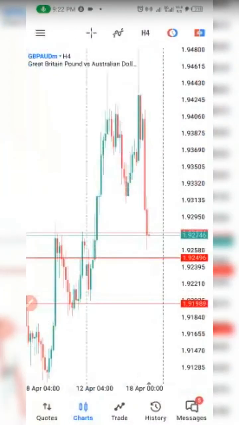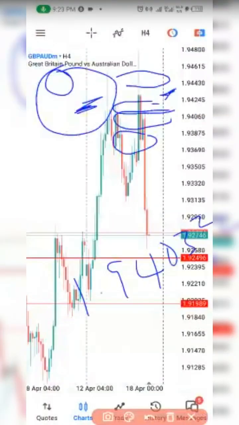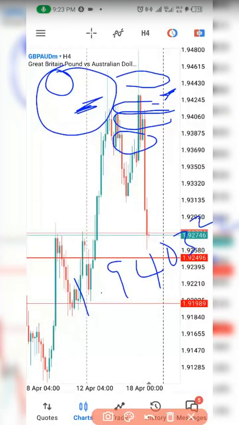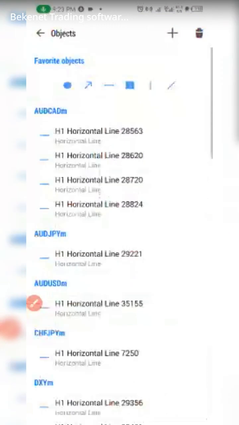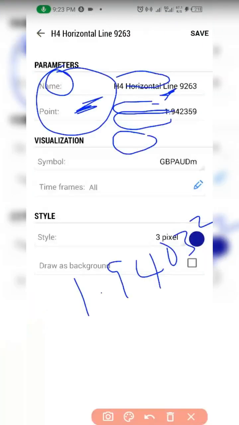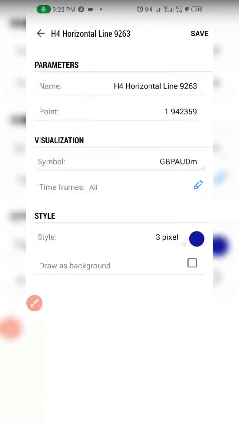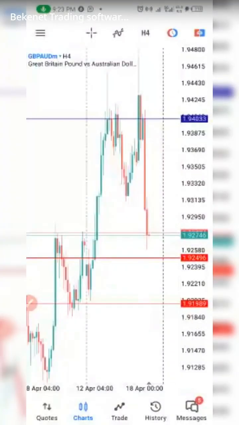So what is it telling us now? Okay, I think I wrote it down. 1.94032. Let me put my crosshair here at 1.94032. If I plot this now, it will show me where the trend started from.